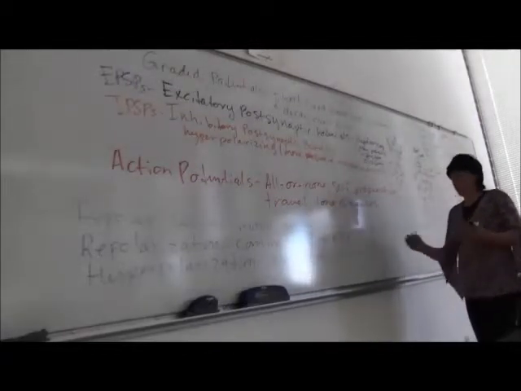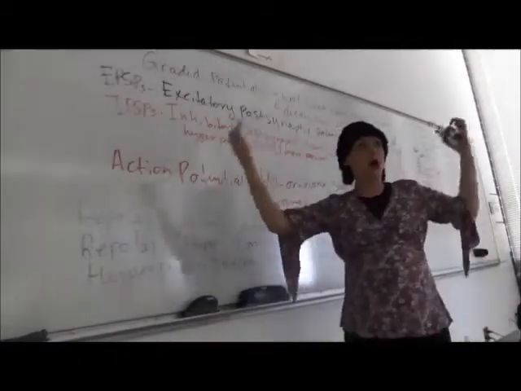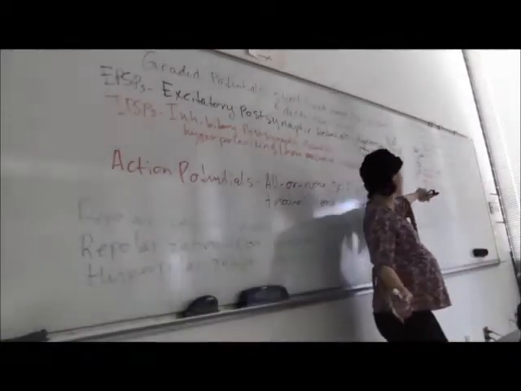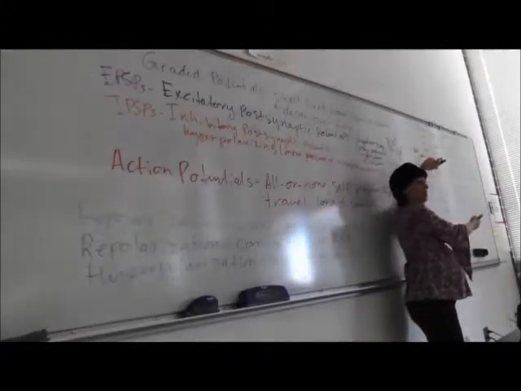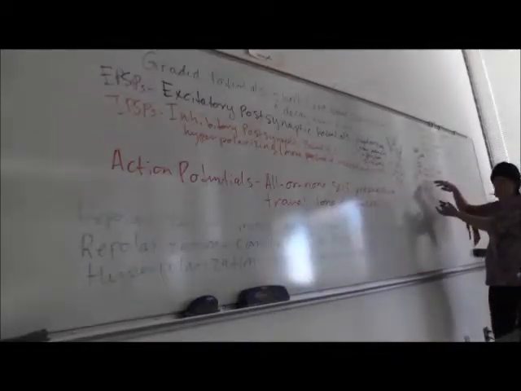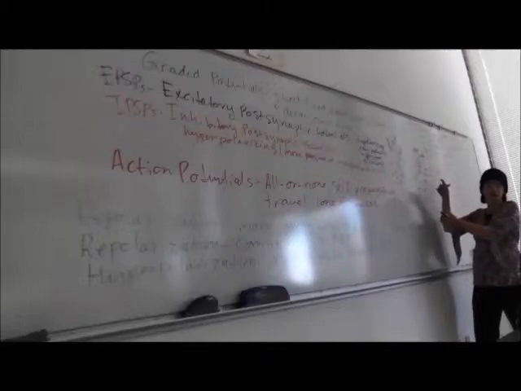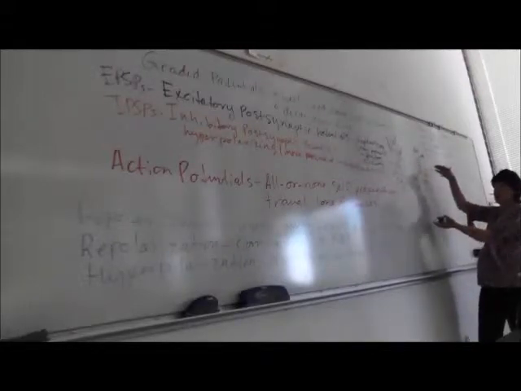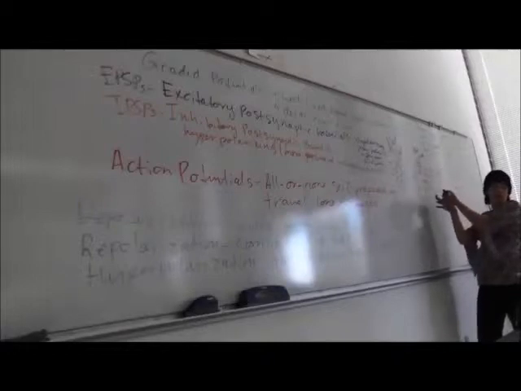So if you think about polarization as being like two opposites. If our resting membrane potential is negative 70, then we're polarized inside and out. So our cell is sitting here at this resting membrane potential, but we're polarized. We've got opposite charges inside and out. So if we depolarize, then we shrink the difference between inside and out.